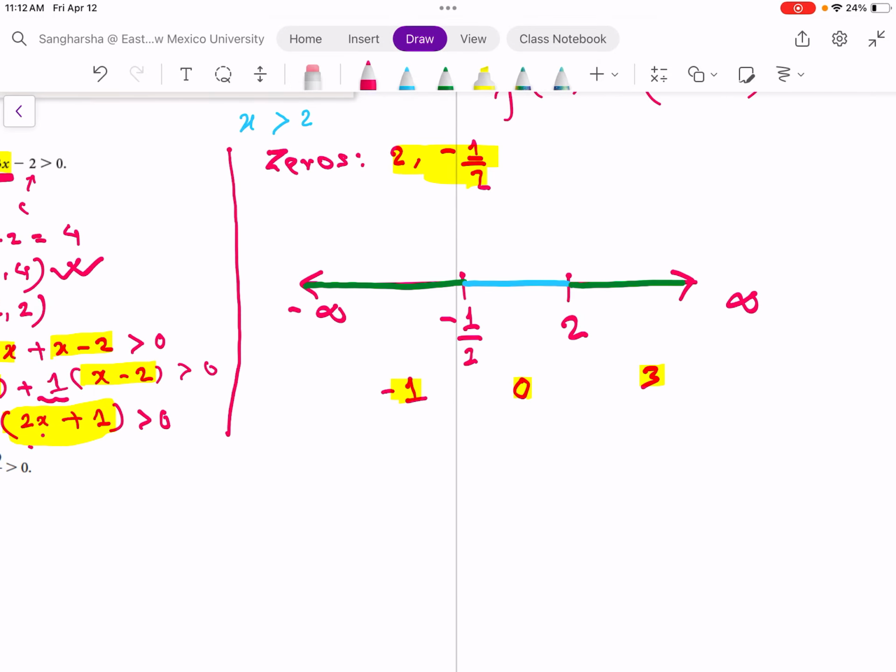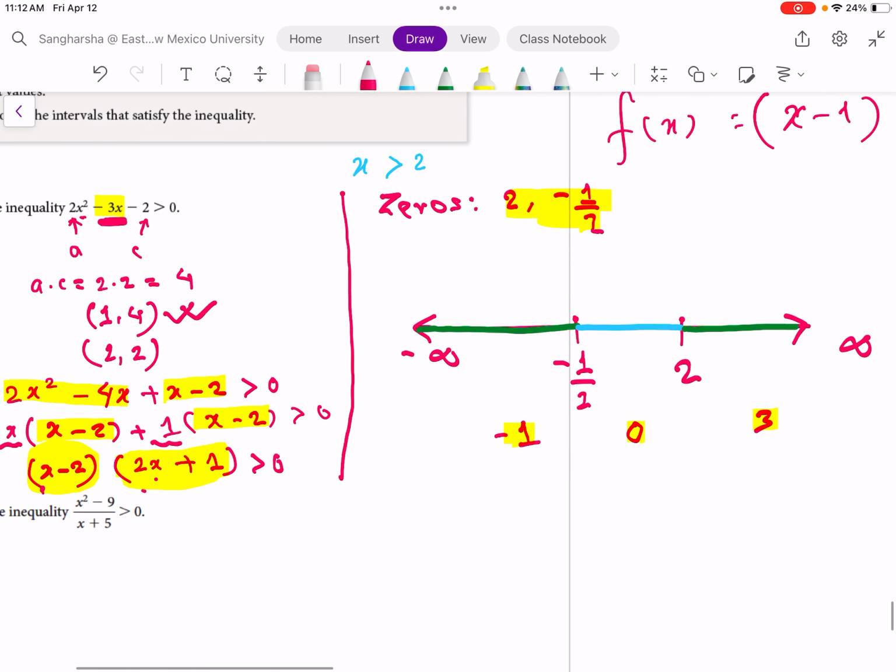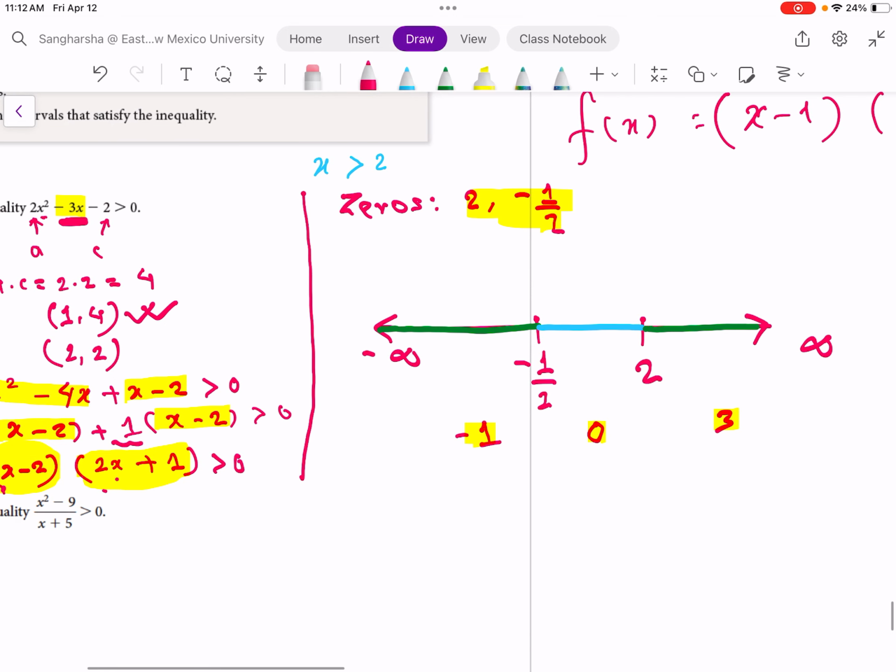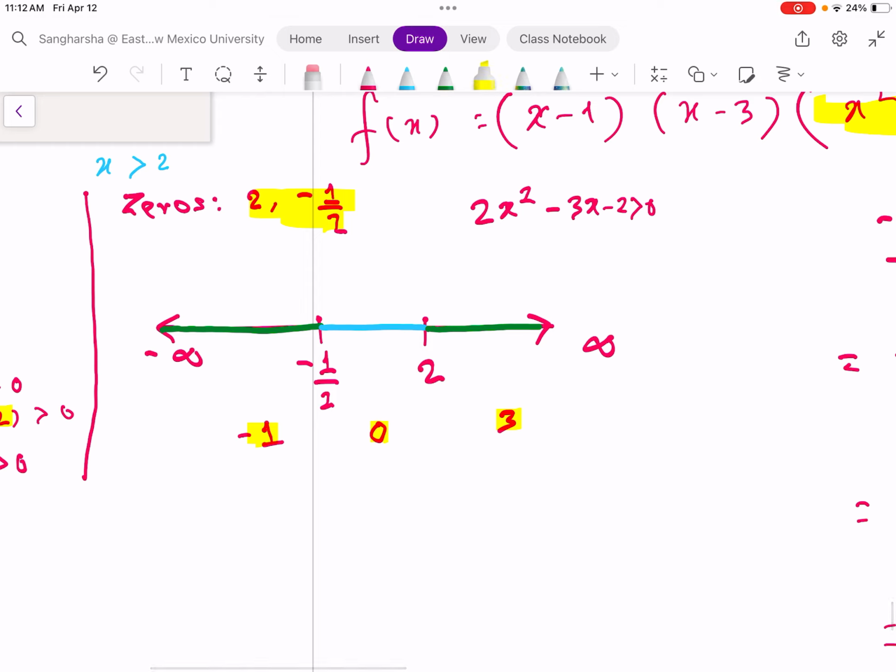Let me write our inequality: 2x squared minus 3x minus 2 greater than 0. So this is the inequality. Now how do we check whether negative 1 is a solution for this inequality or not? We substitute negative 1 for every x.